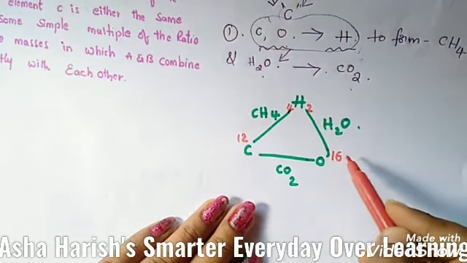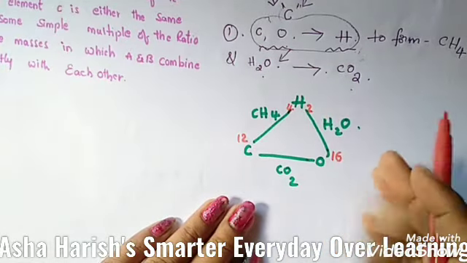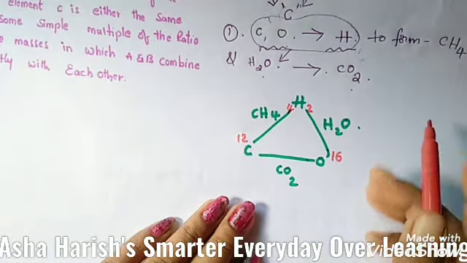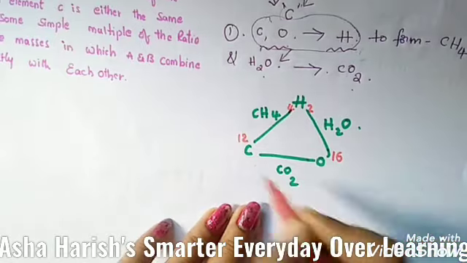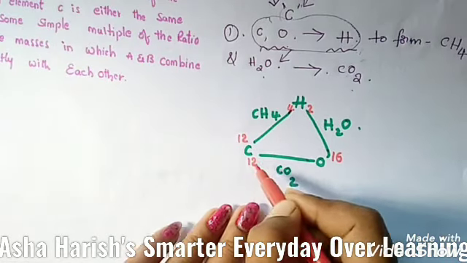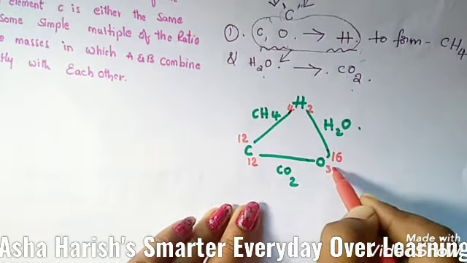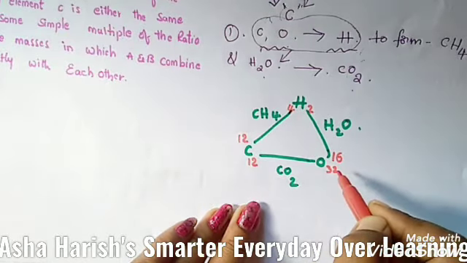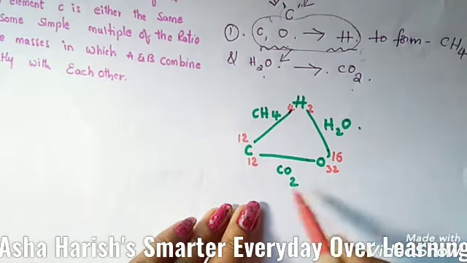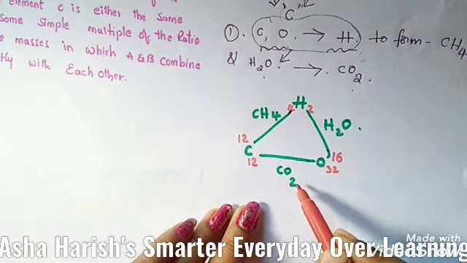Thus the masses of carbon and oxygen which combine with a fixed mass of hydrogen, say 4 parts by mass, are 12 parts of carbon and 32 parts of oxygen. These two combine with each other, then the formation of CO2 takes place.